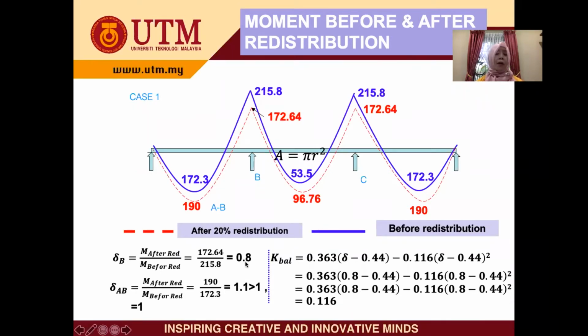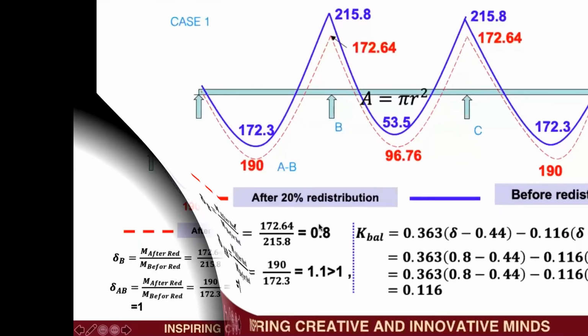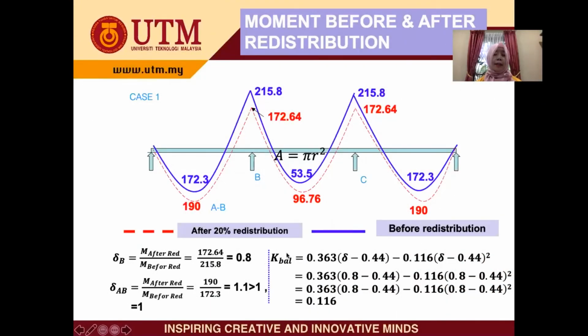So when we get delta, we can calculate the K balance. The delta B will determine the new K balance by inserting the delta. For example, if you want to design at support B, K balance will be 0.363, and delta here we replace with 0.8.